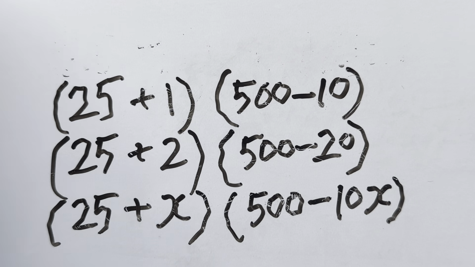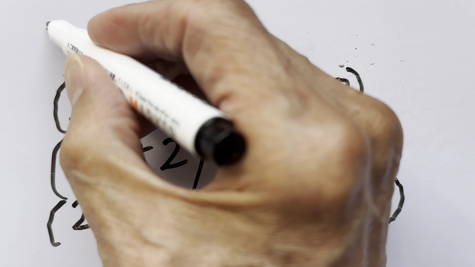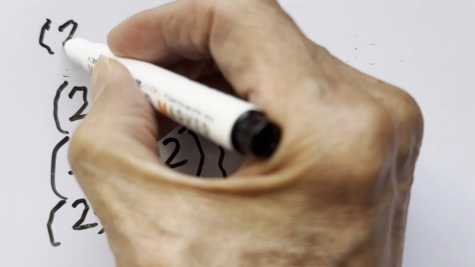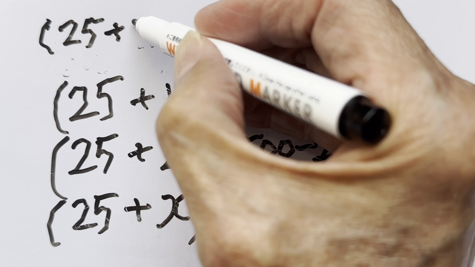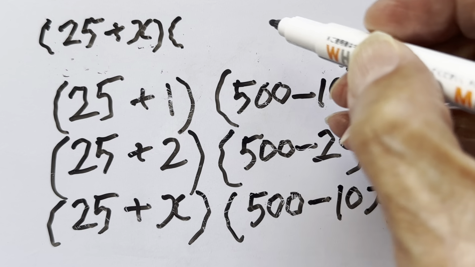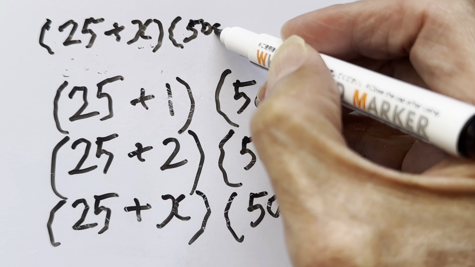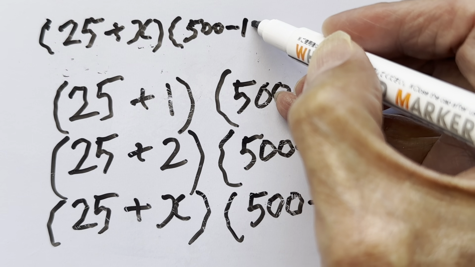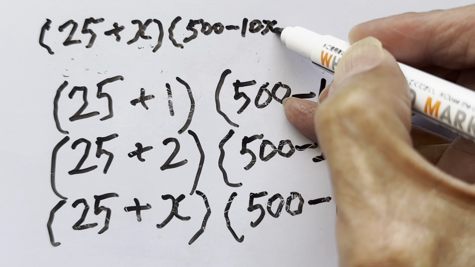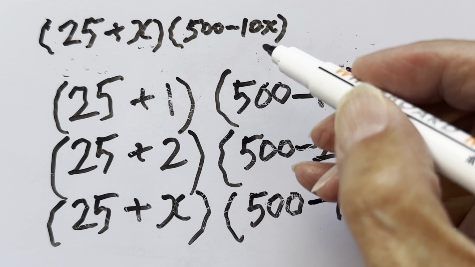So the income should be the total number of apples times the price you sell them at.